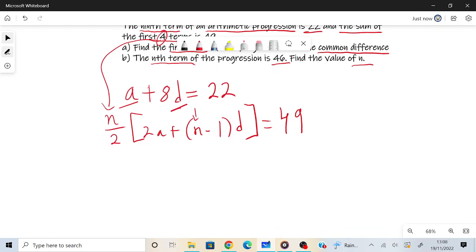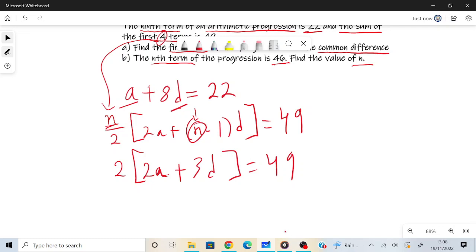So if you do that, you would have 2 into 2a plus 3d equals 49. Just jumped a few steps here, but if you put 4 over here in n, 4 divided by 2 is 2, and if you put 4 over here, we have 4 minus 1, that's 3, and you multiply out with this bracket, that's 3d.